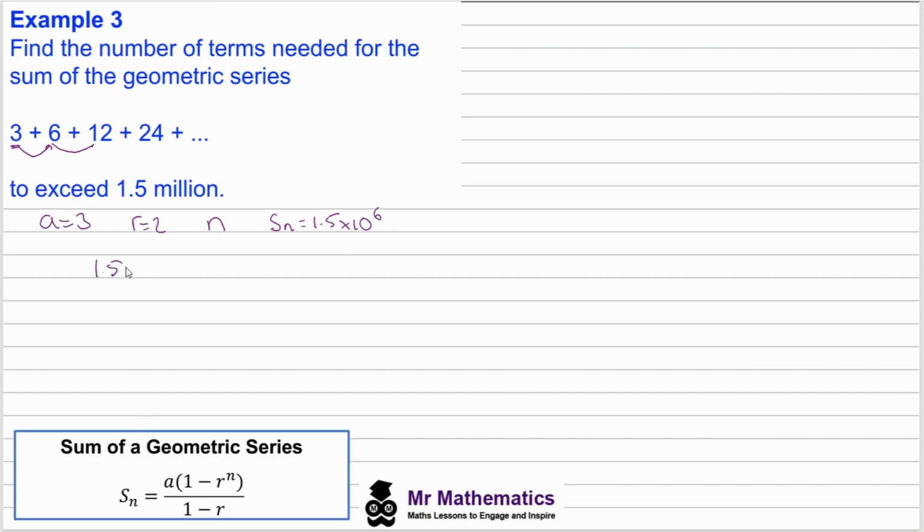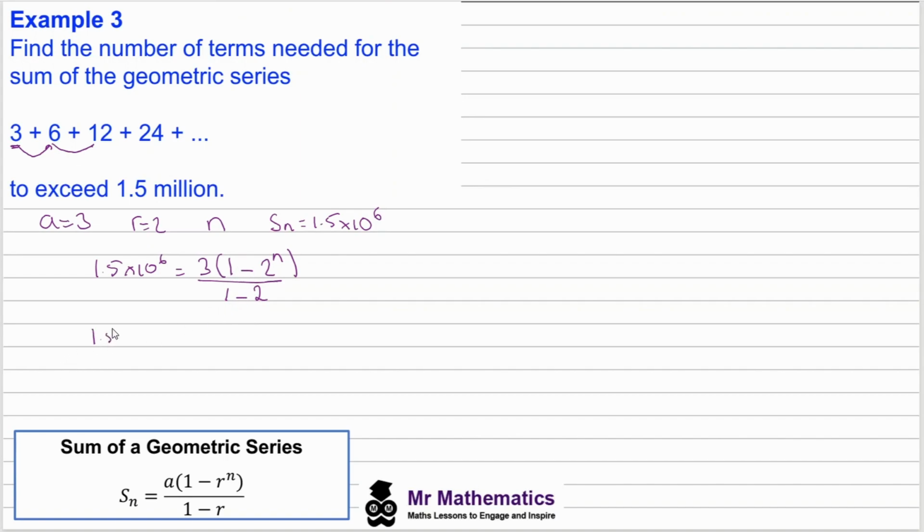We've got 1.5 times 10 to the 6 is equal to A multiplied by 1 minus R to the N over 1 minus R. So because I've got a negative denominator, I'm going to multiply this fraction by -1.